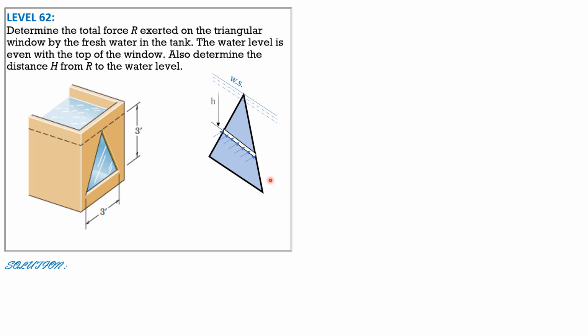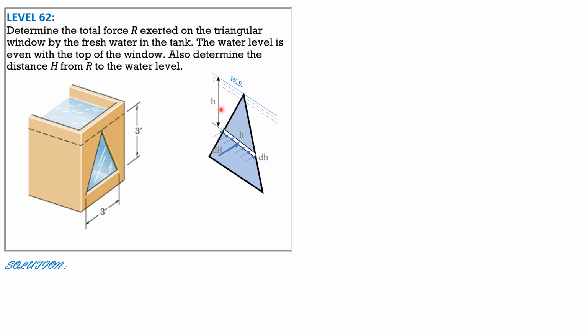So that pressure is 62.4 h and the thickness is dh. That's dr where the force acts. And this is also h because the ratio of the base and the height is the same. So if this is the height, the base is also h.